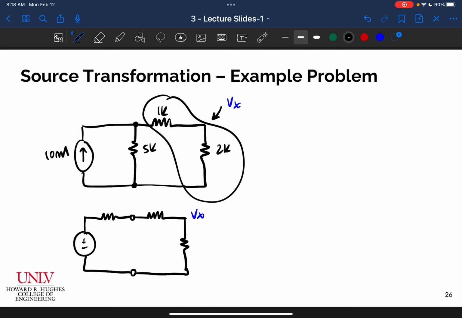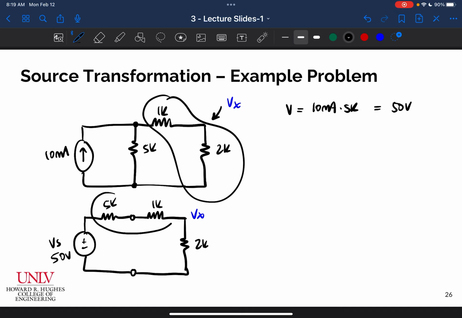So in this circuit, I have 10 milliamps in shunt, or in parallel, with 5K. So my V in this case would be equal to I, which is 10 milliamps, multiplied by 5K. And that's going to give me 50 volts. And then I have 2K here, 1K here, and 5K here. And I want to find Vx.